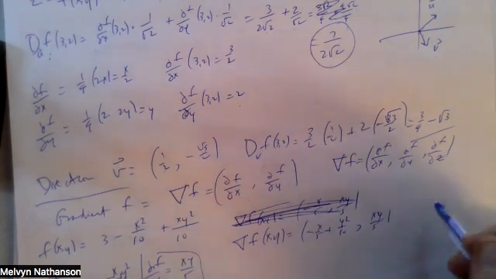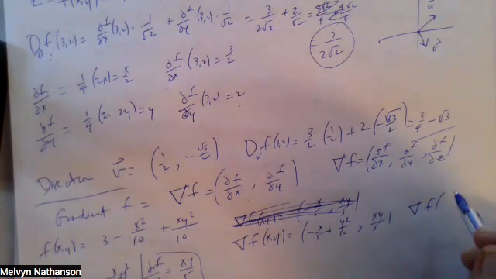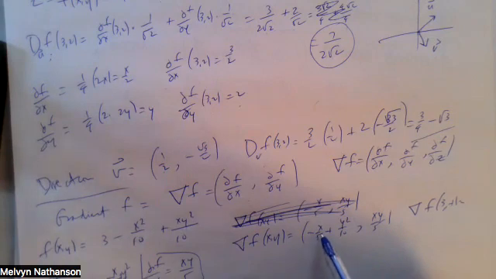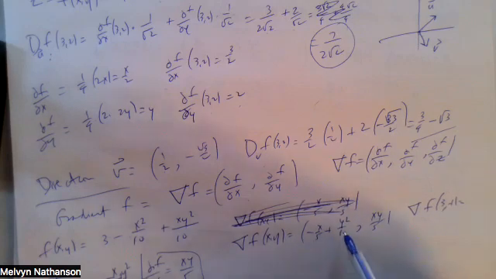So if I want the gradient, for example, at the point 3, minus 1, when x is 3 and y is minus 1, this is minus 3/5 plus 1/10, which is minus 1/2.